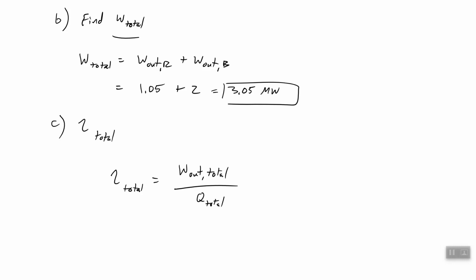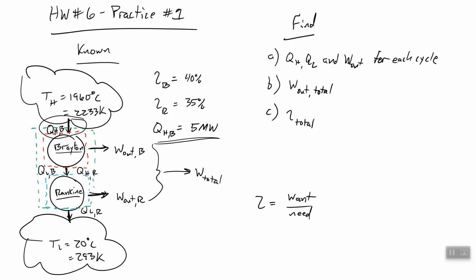You saw from our box what we had to put in was the Q into the Brayton cycle. And you say, well, what about the Q into the Rankine cycle, right? Well, it's inside of our green box. See how it doesn't cross the boundary? This isn't heat we added to our entire system.